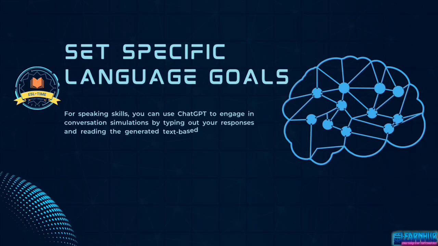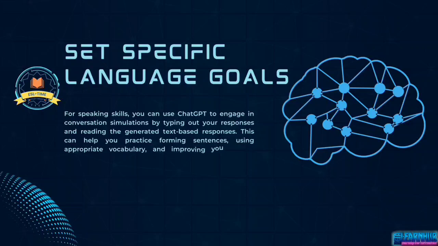So for speaking skills, you can use ChatGPT to engage in conversation simulations by typing out your responses and reading the generated response from ChatGPT. This will help you with forming sentences, vocabulary, and improve your grammar and your overall fluency.